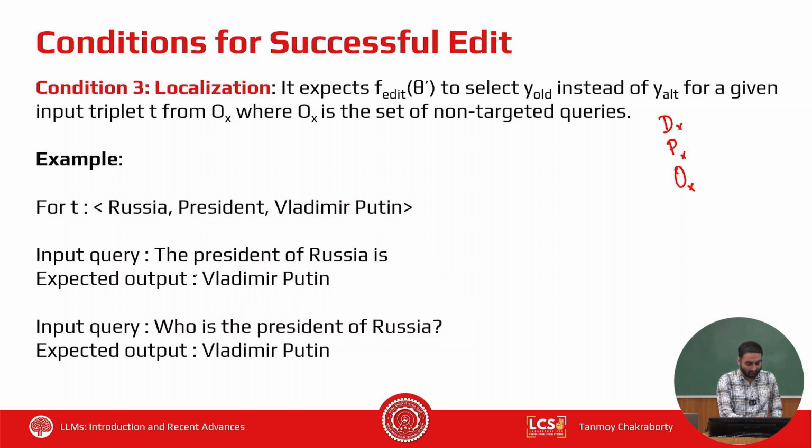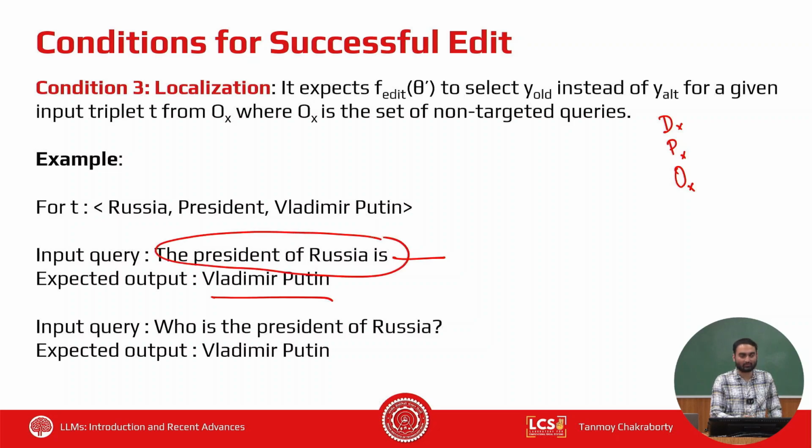Now if the query is "the president of Russia is dash," it should say that the president is Vladimir Putin. It should not return something else, because this query has nothing to do with d x or p x. So we expect the model to return the old output for those queries which are not a part of d x and p x. Okay, so this is called localization.